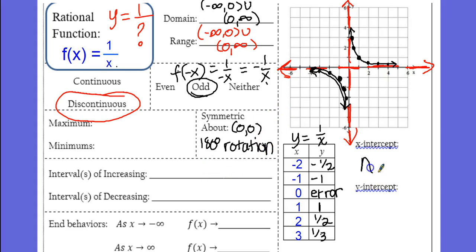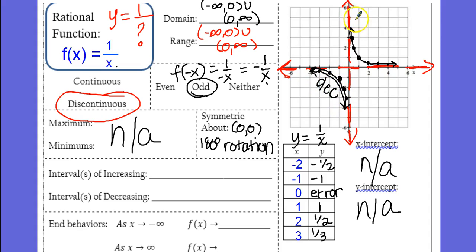Okay, no x-intercept, no y-intercept. We're denied from touching them according to our restrictions. No maxes, no mins. Now, let's talk about the intervals of increasing. As I read this left to right, what's it doing? Forever. That's a decrease.